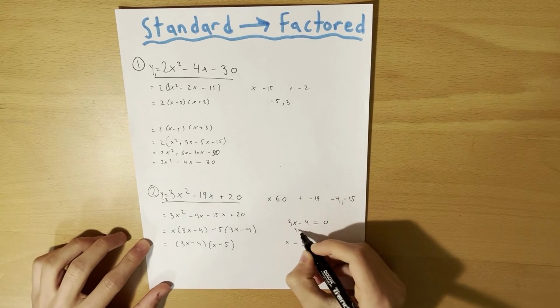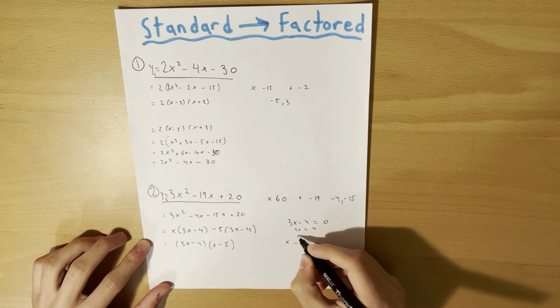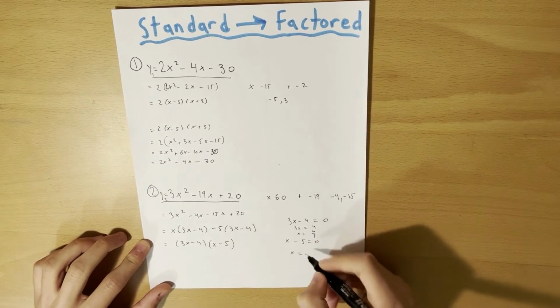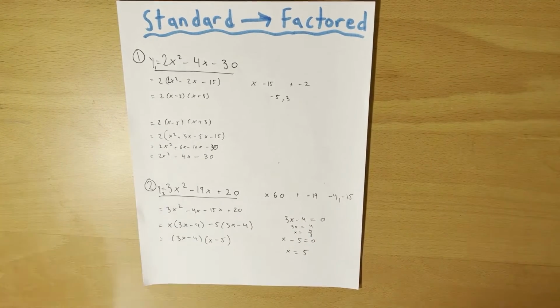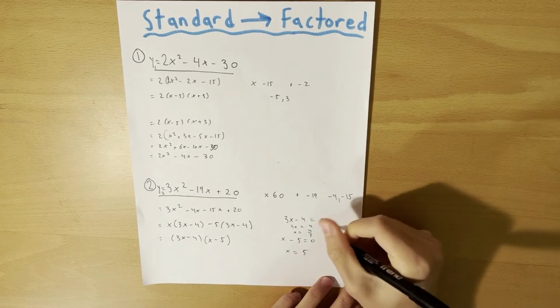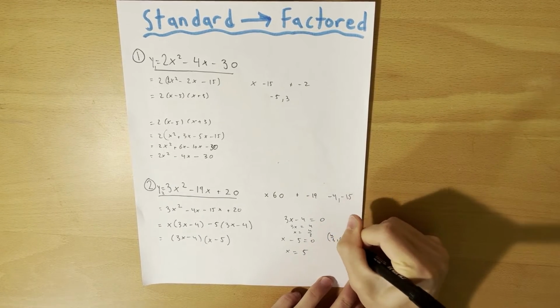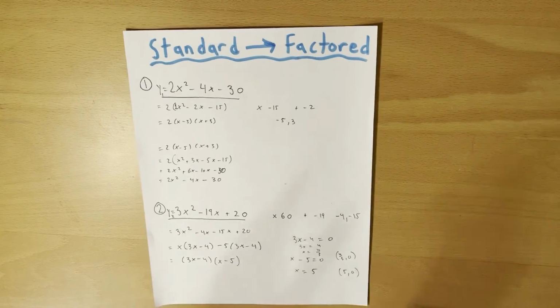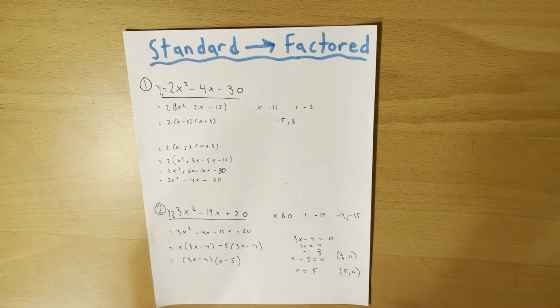So 3x equals 4, x equals 4 over 3, and this is simply x equals 5. So the zeros of this equation are 4 over 3, 0, and 5, 0. And yeah, that's how you find the zeros from the factored form.